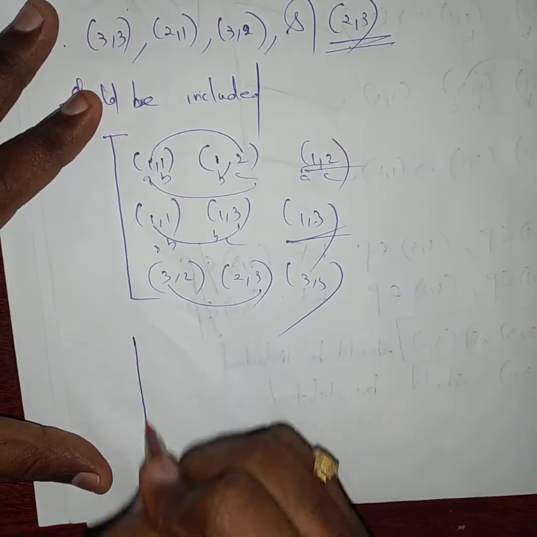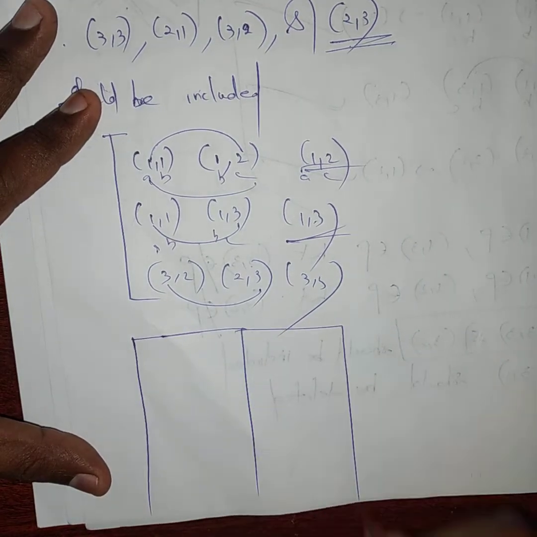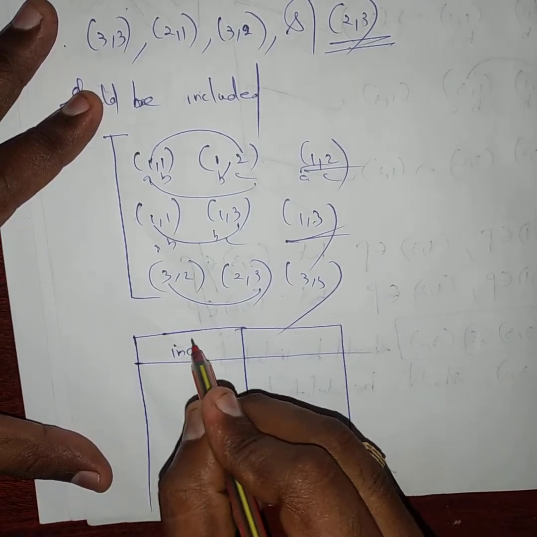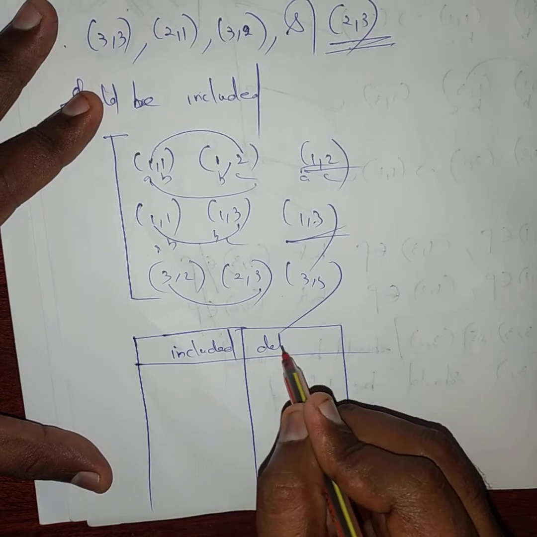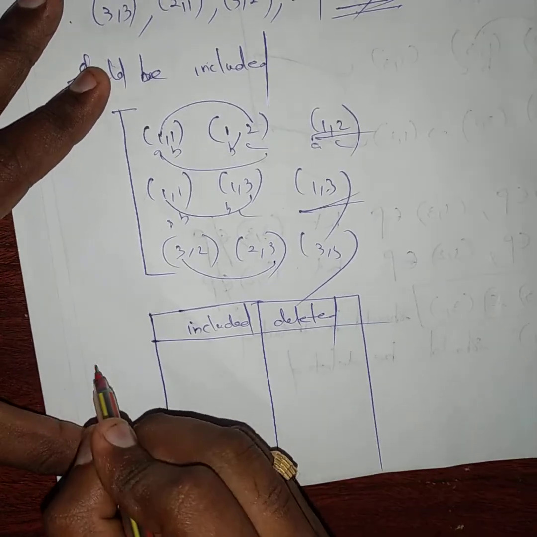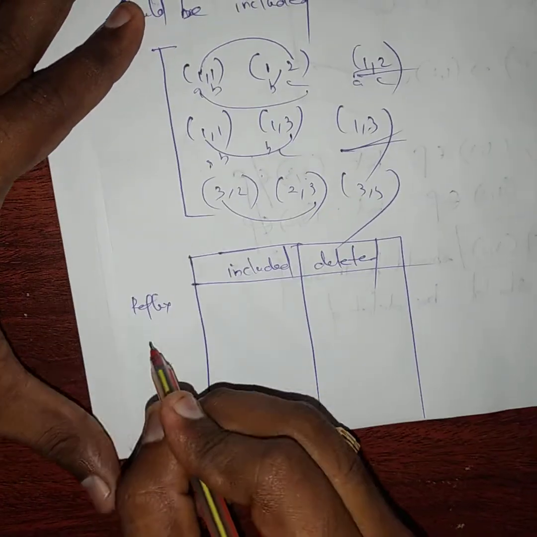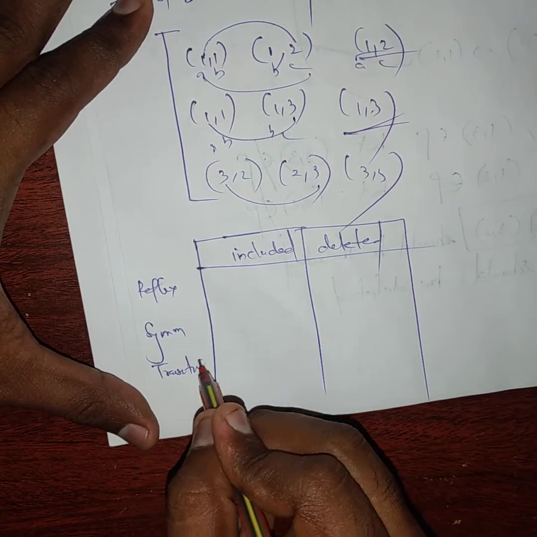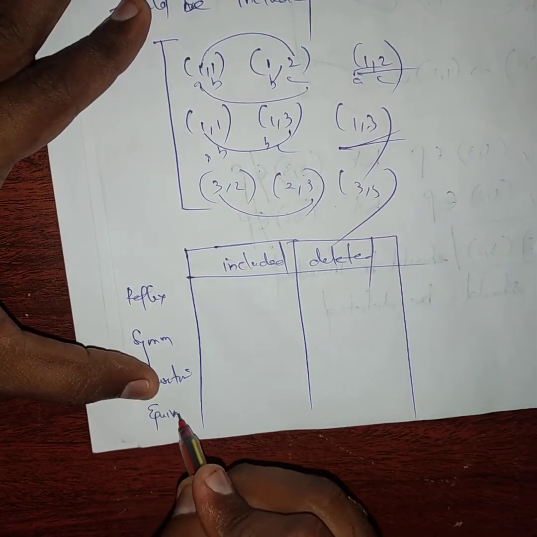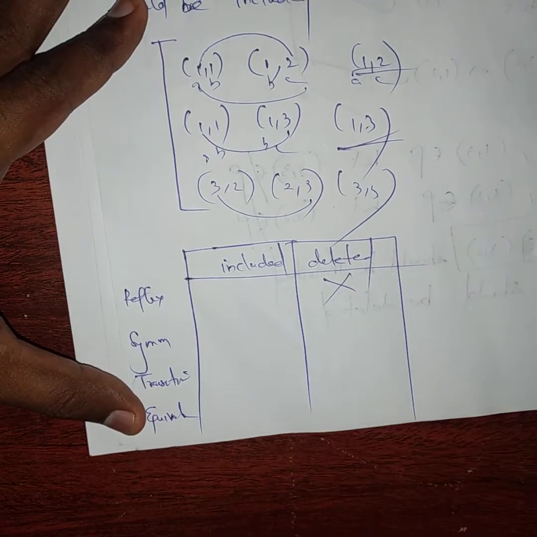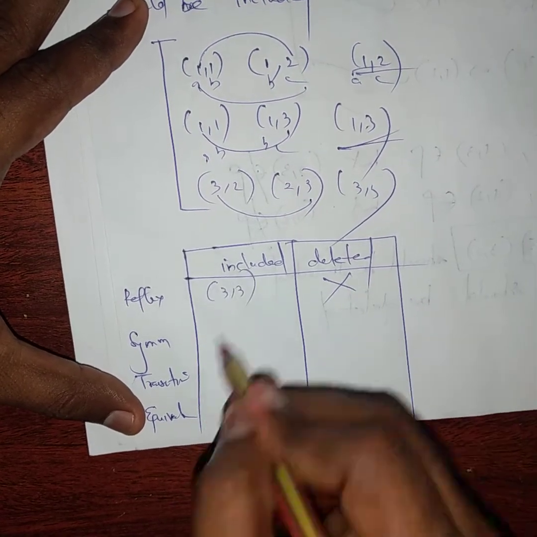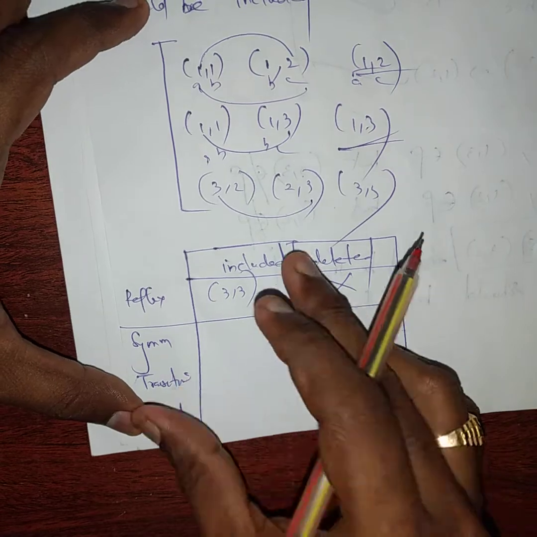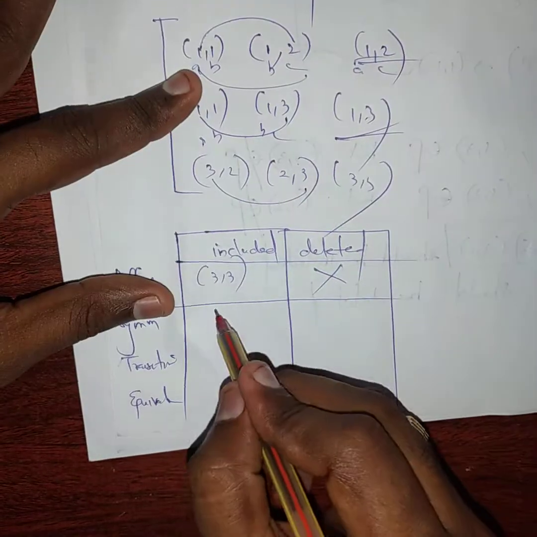Finally you can write in a tabular column also: included, deleted. First one is reflexive, next symmetric, next transitive, next equivalence. For reflexive we don't need to delete anything; 3, 3 is the answer. For symmetric, what we added is 2, 1.